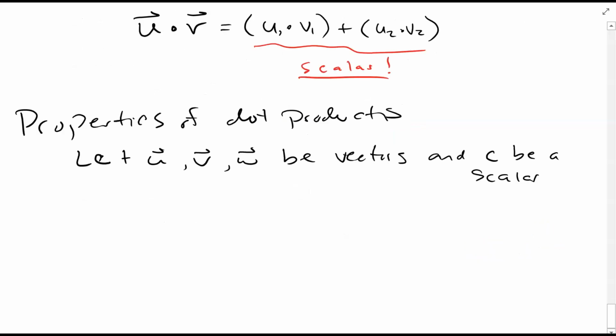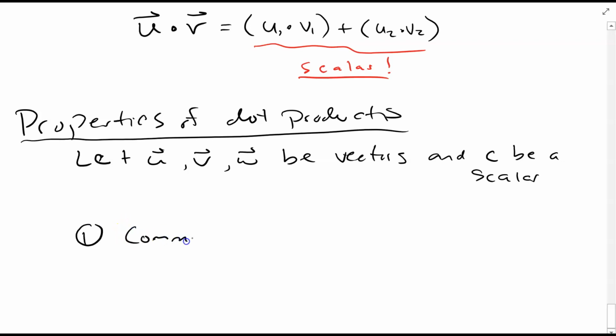So let's look at some properties of dot products. I'm going to use u, v, and w as vectors and c as my scalar. The first property is the commutative property. That just says that you can take the dot product in either order. u dot v is the same as v dot u.